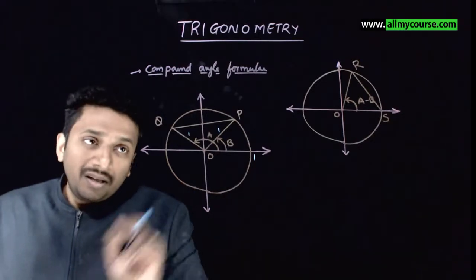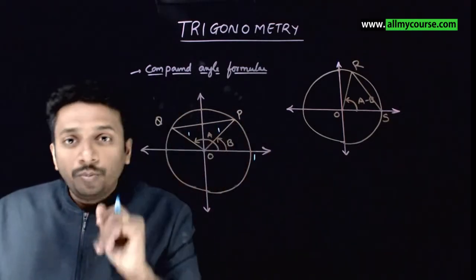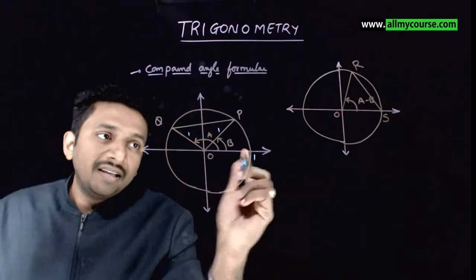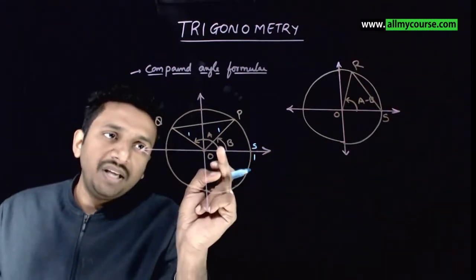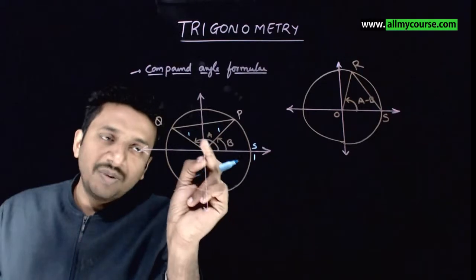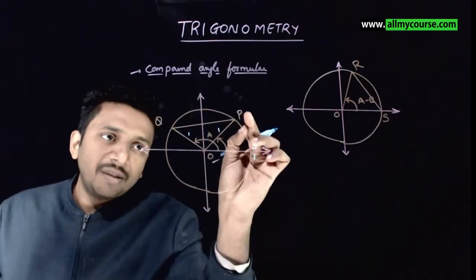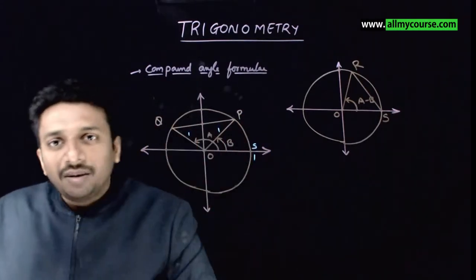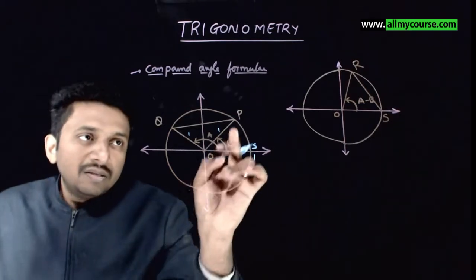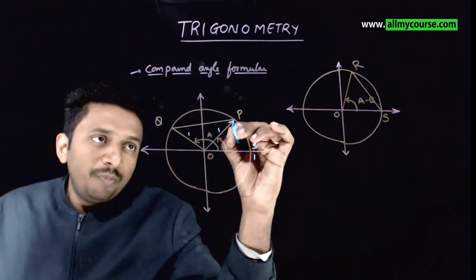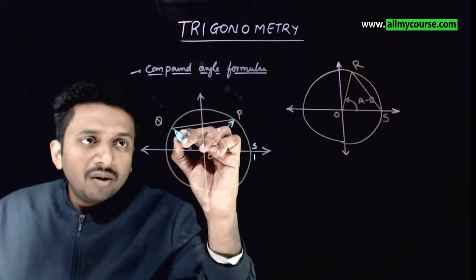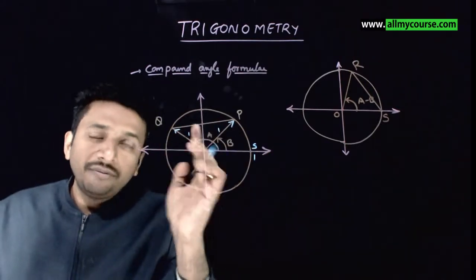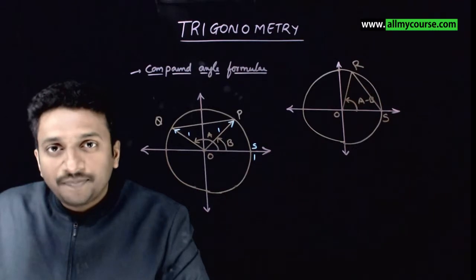Now in this circle, P and Q are two points such that, if this point is S, angle QOS is equal to A. So let this be angle A and let POS be equal to angle B. So the ray OP is making an angle of B with the positive x-axis. The ray OQ is making an angle of A with the positive x-axis.